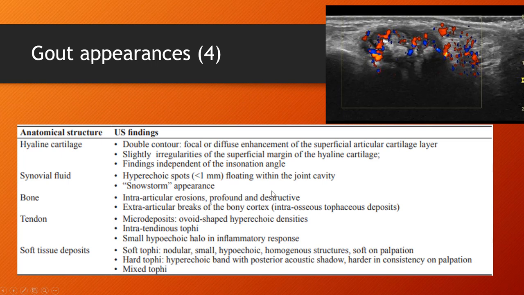We will go into gout and its common appearances. Reference number 4 sets out this lovely table just to say the things that we're looking for in gout. So things like a snowstorm appearance to an effusion within a joint. We may see erosions in bones, so a destructive effect on the bony cortex.